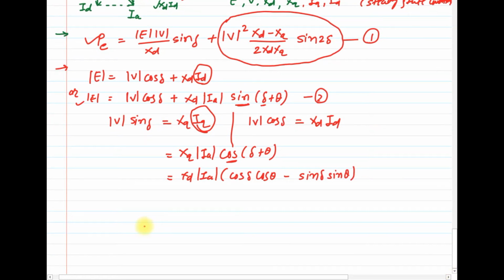So from the above equation, V sin delta is equal to XQ IA into cos delta cos theta minus sin delta sin theta. Just make delta the subject of this equation.